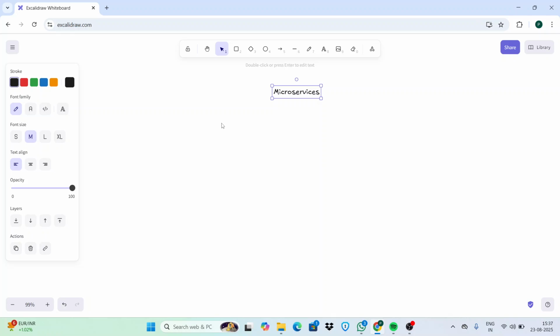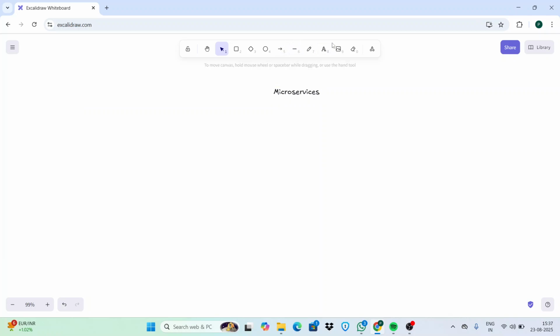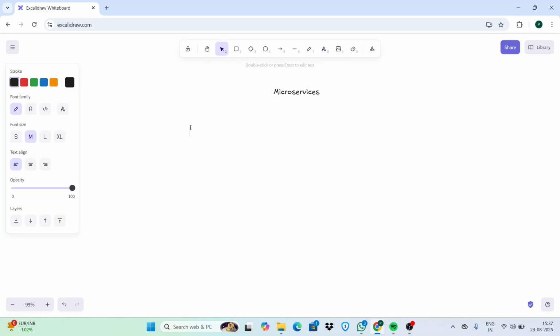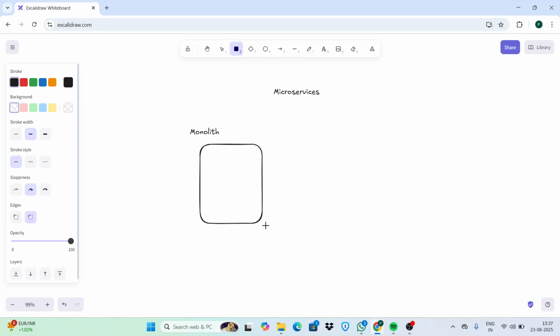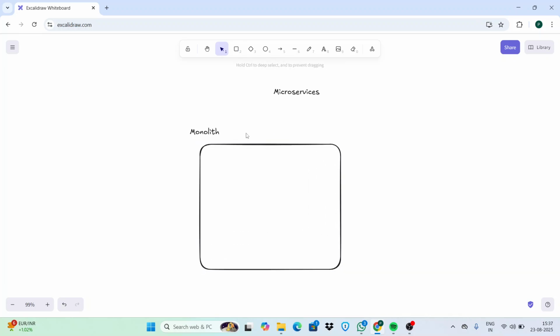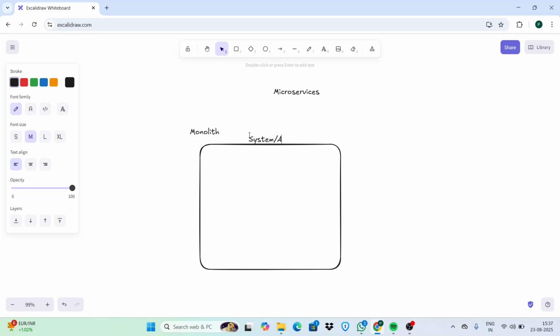Before microservices, there was the monolith. In a monolith, the developer writes the whole system in just one file. In monolith architecture style, consider this as a system or application, or we can say one project.